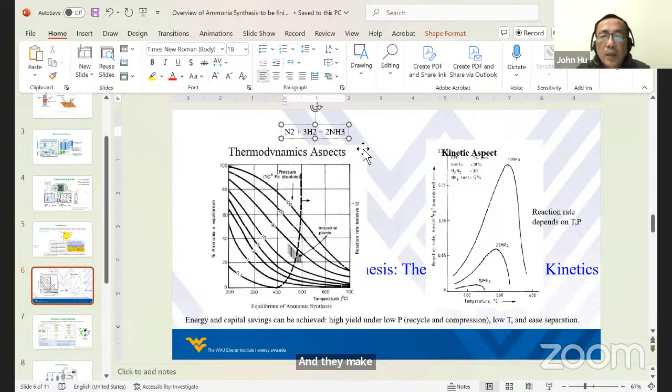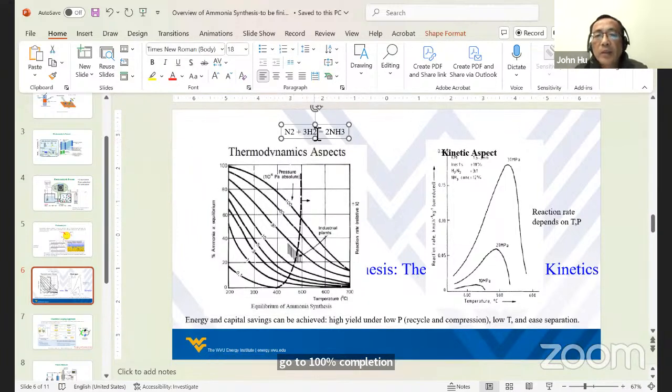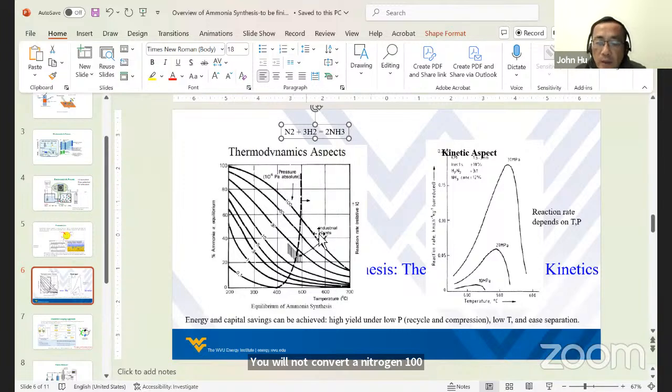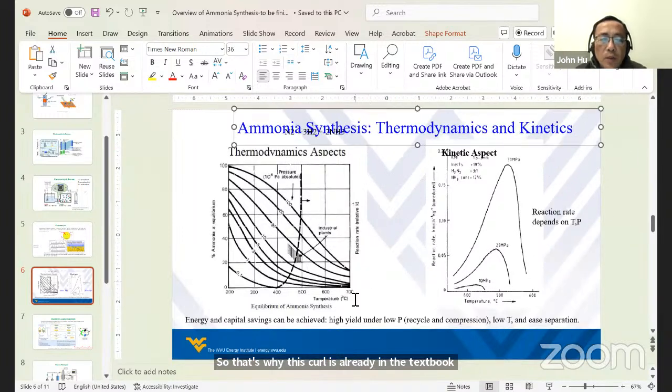This reaction will not go to 100% completion. That means at any time, if you have a reactor, you have a mixture of nitrogen, hydrogen, and ammonia together. You will not convert the nitrogen completely. That's why this curve is already in the textbook. In the textbook means they published it and put it in the book. So what does this mean?